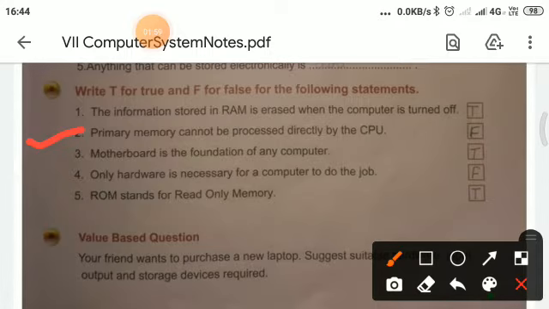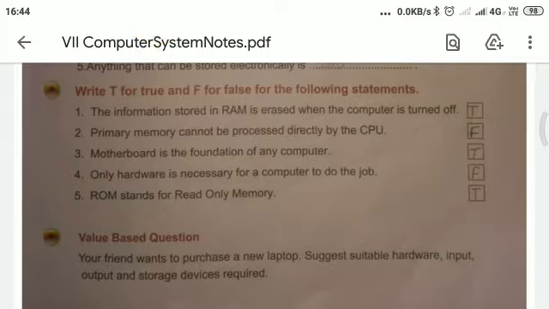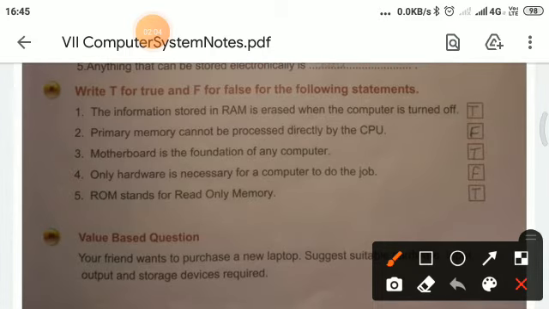And next is motherboard is the foundation of any computer. Yes, students, this statement is correct, so you have to mark T for this statement. And next is only hardware is necessary for a computer to do the job. Students, this statement is incorrect because hardware and software are necessary for a computer to do the job.